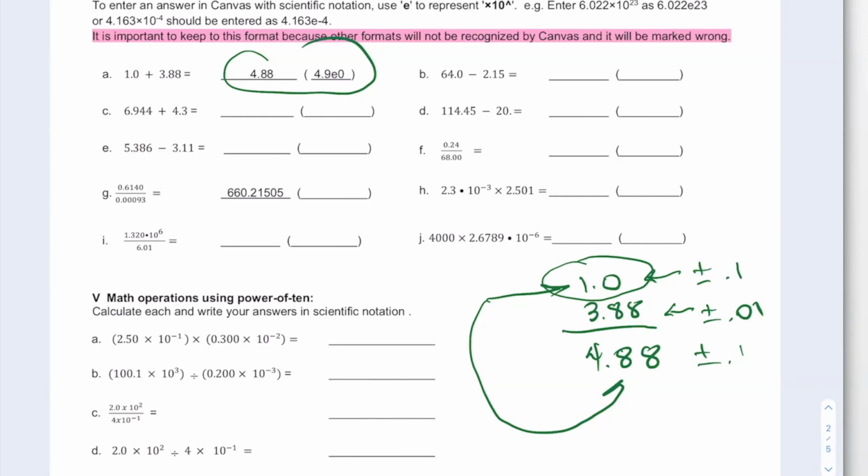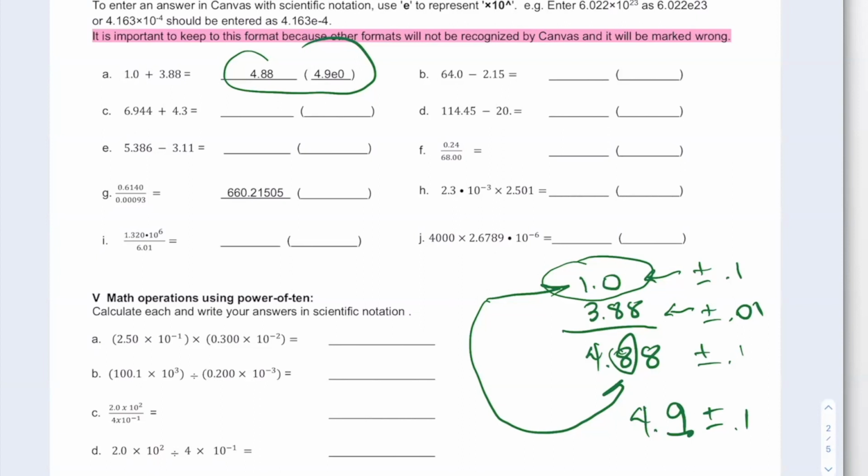So if this is plus or minus 0.1, you can't write 4.88. You've got to write 4 point something, but then you have to round this up to 9. Now it's plus or minus 0.1. That's why the answer there is 4.9. You could have written 4.9 or 4.9 times 10 to the 0, because 10 to the 0 is just 1.